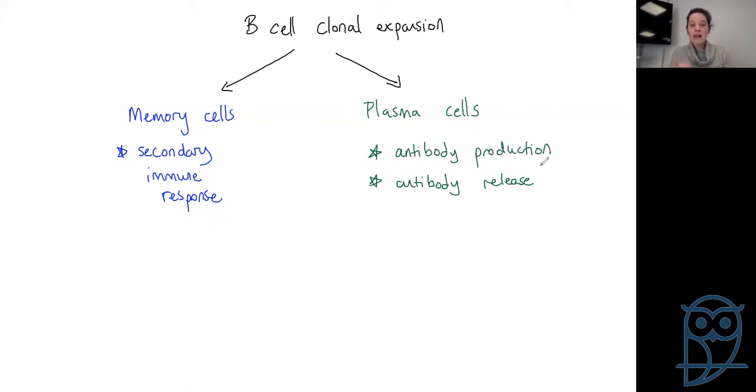So the antibodies can actually bind to the antigens on the pathogen. And what happens next is we get two other options, both resulting in not nice things for the pathogen.